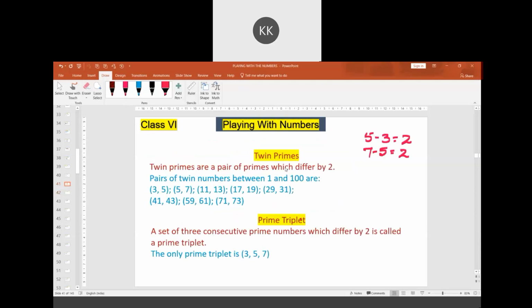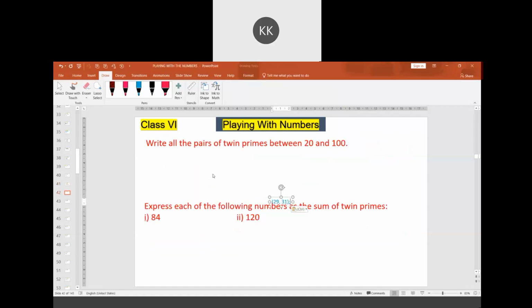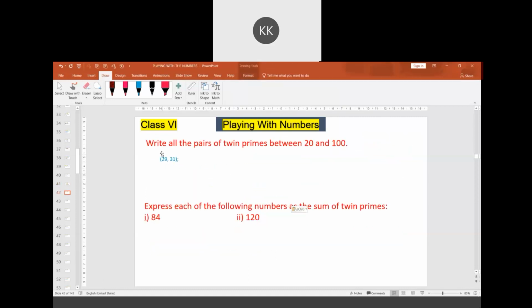Moving on to the previous slide, here I have written the twin prime numbers right from 1 to 100. In this you can see that 29, 31 is a twin prime number.